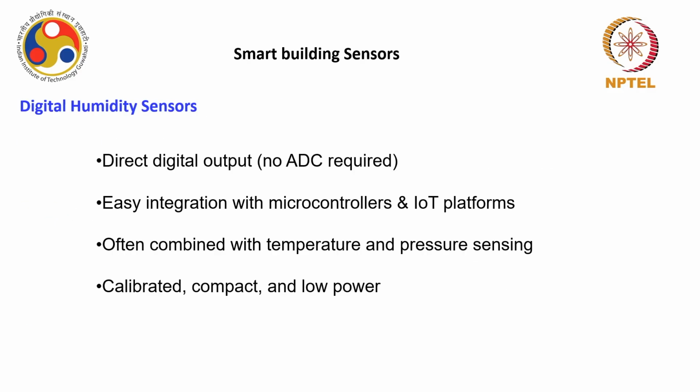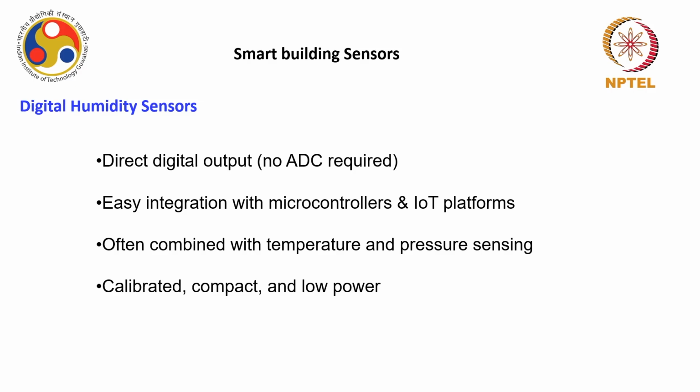Then the advantage of digital humidity sensors is that they have direct digital outputs, so you do not need another layer of analog to digital conversion. They can be easily integrated with microcontrollers and IoT platforms, like ESP32 or any other. They are often combined with temperature sensors as well as pressure detectors.